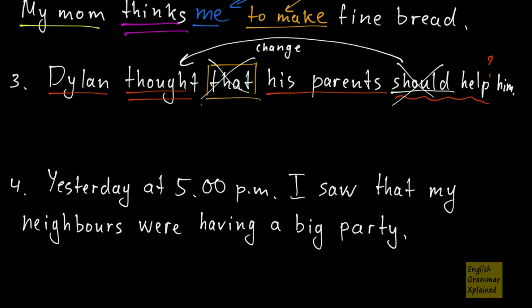It also drops out. But in this case, I can change my main verb. What is meant by this sentence? Dylan thinks that it's his parents' duty to help him. So, Dylan wanted his parents to help him. That's the main idea of my sentence. So, guys, think carefully what your sentence actually means. So, I rewrite Dylan, but I change thought into wanted.